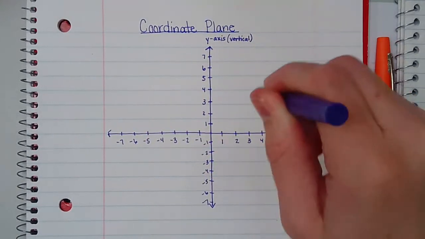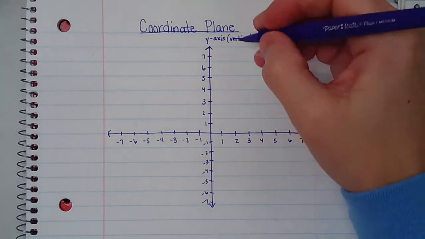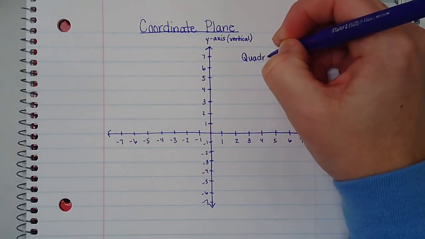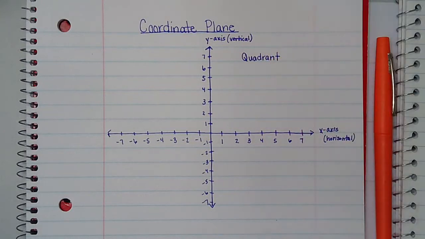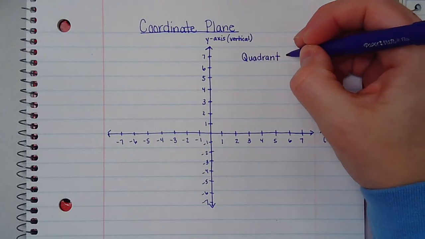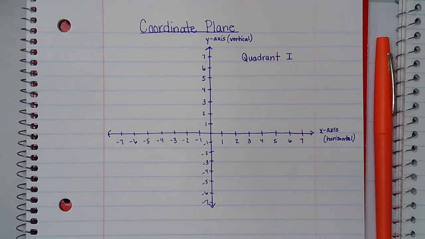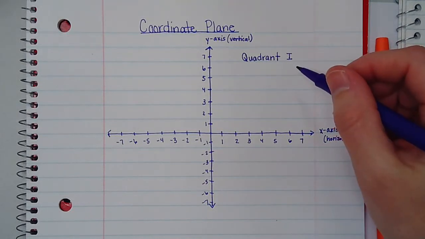Each one of these sections is called a quadrant, all right? So the word I'm saying is quadrant, okay? And they're numbered, okay? So this would be quadrant 1, all right? And for whatever reason, I'm sure there's a reason, I'm sorry, I don't know it. I'm sure I could Google it, but they use Roman numerals to represent these quadrants.